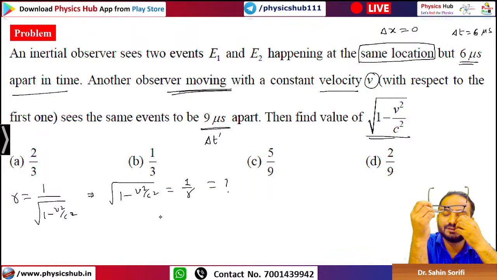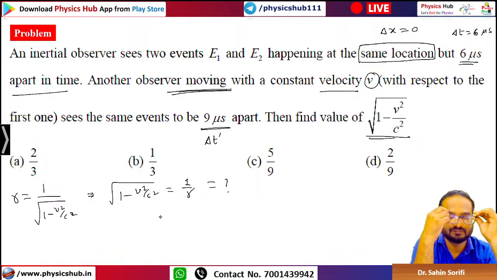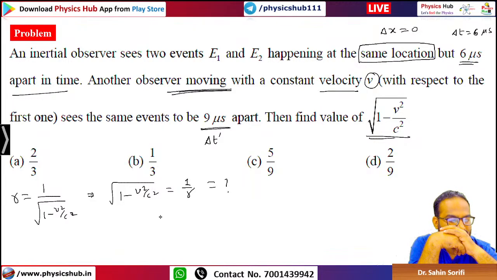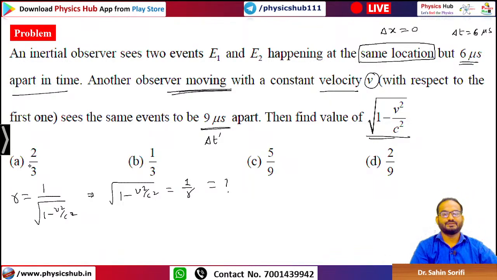What is the answer for this question? Option A, 2 by 3, very good.